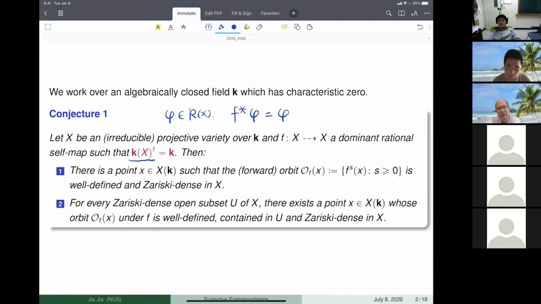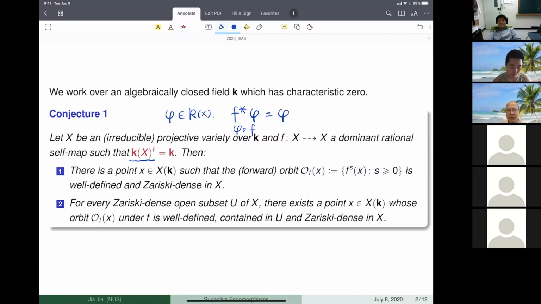This pullback means composition: phi composed with F. If a rational function phi satisfies this condition, phi composed with F equal to phi, then this phi is an element in K_X^F. We assume this pair (X, F) satisfy K_X^F equal to K. That means there are no non-constant rational functions.